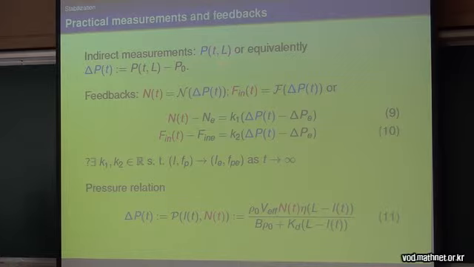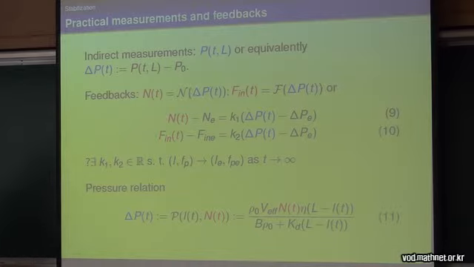Equivalently, because the air pressure is known as a constant, what we can observe is the value of delta P. So if you want to design a feedback, you need to choose a function n. You choose the control nt as a function of delta P, and you choose f in as a function of delta P as well.